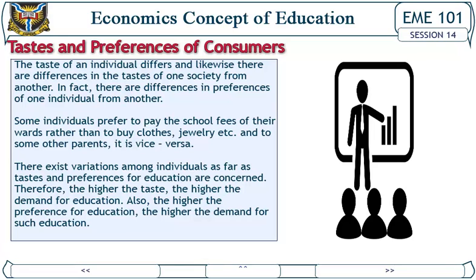There exist variations among individuals as far as tastes and preferences for education are concerned. Therefore, the higher the taste, the higher the demand for education. Also, the higher the preference for education, the higher the demand for such education.